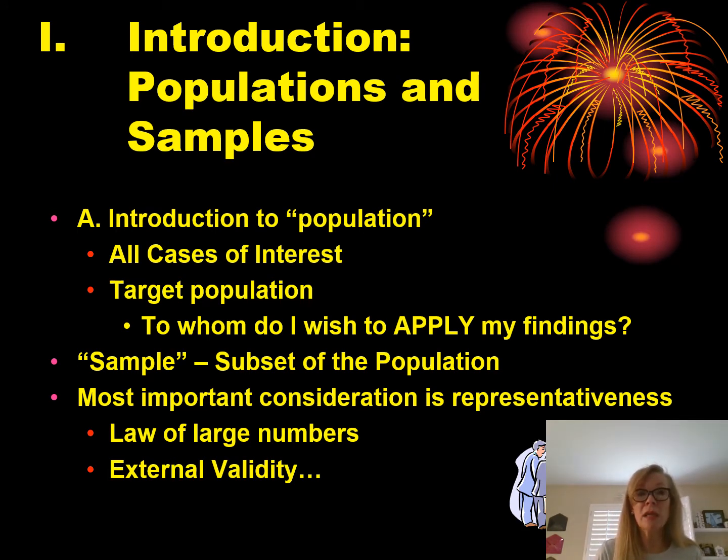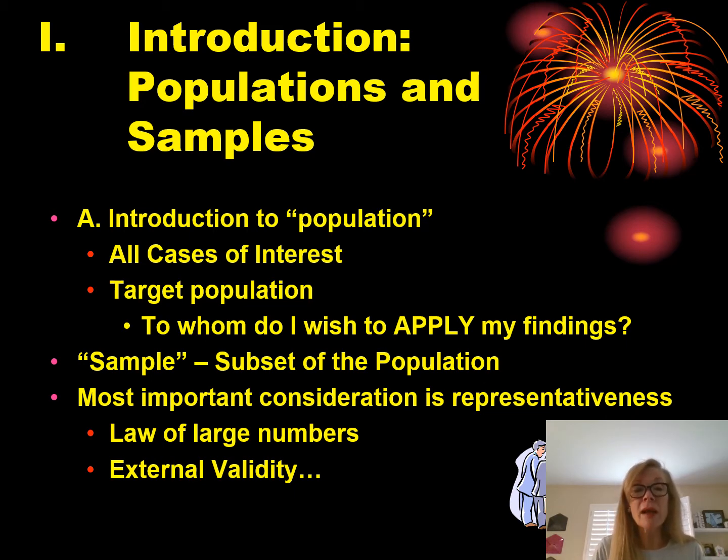Now, that doesn't mean we don't have a lot of students at Mesa Community College that are very much like the average college student across the United States. I'm just saying that as a group, my sample might not share the same demographic characteristics to a T that all college students did.